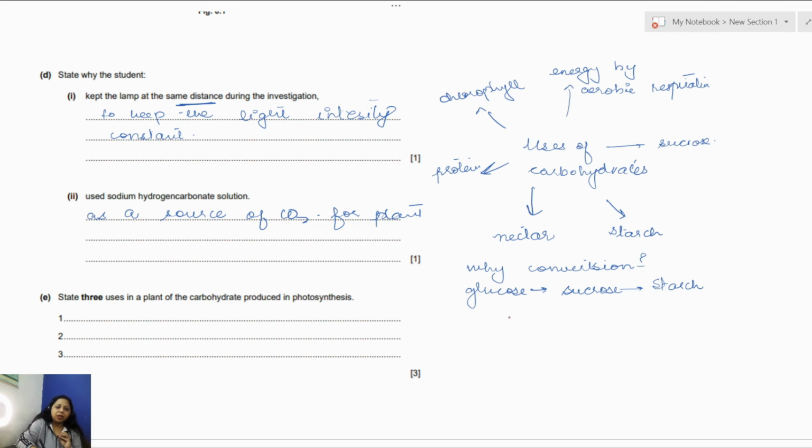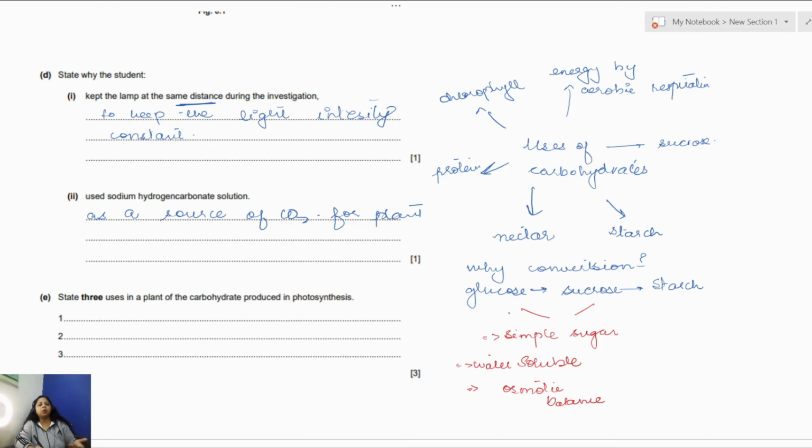Glucose and sucrose are simple sugars. They are soluble in water. And the third thing is they can change the osmotic balance. What is osmotic balance? If there is more salt, it would become hypertonic.